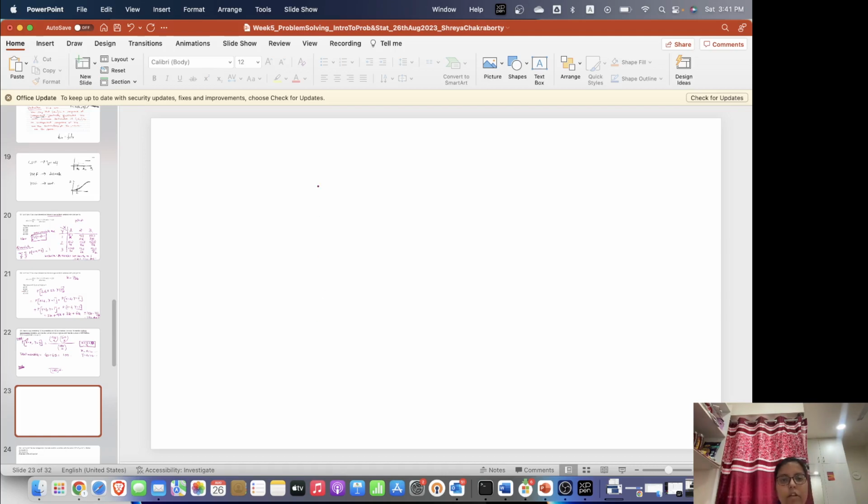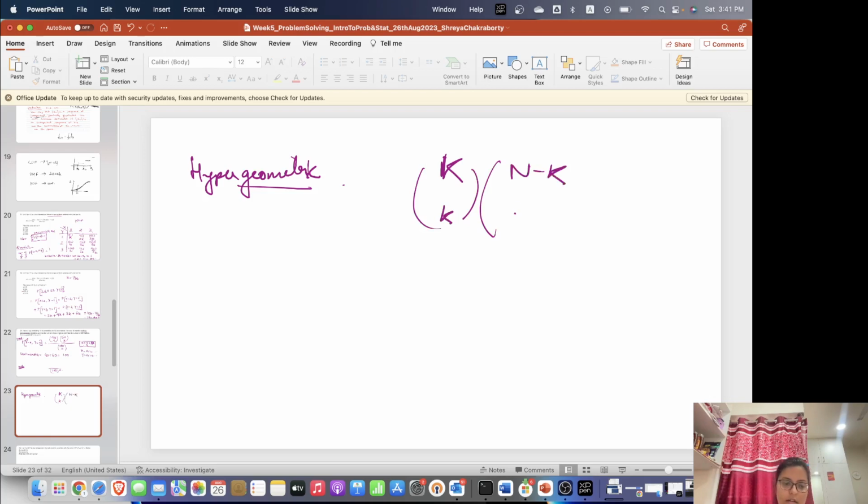So the hypergeometric distribution can be represented as (K choose k)(N−K choose n−k) divided by (N choose n).